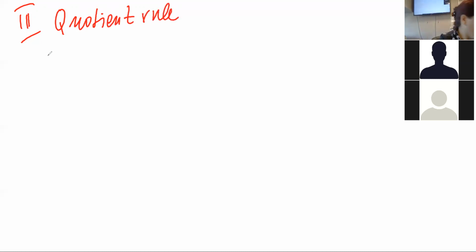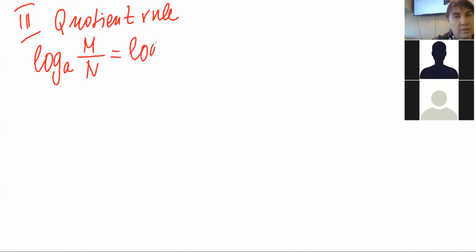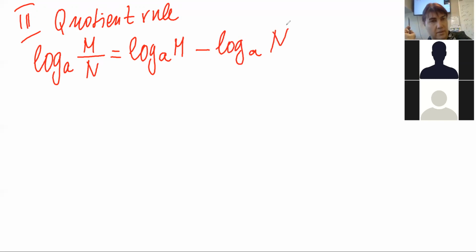If you have logarithm with base A of m over n, this would be logarithm of m minus logarithm of n. The order matters though, so make sure you know the numerator is first, and the one which is in the denominator is with a negative. Right. This is the rule.